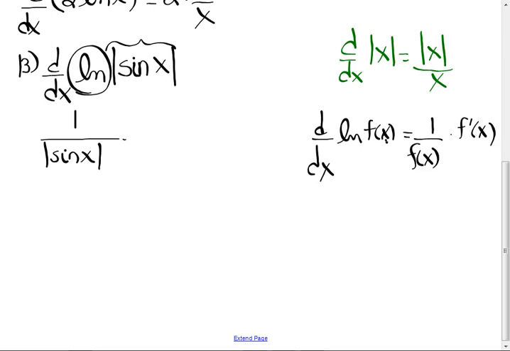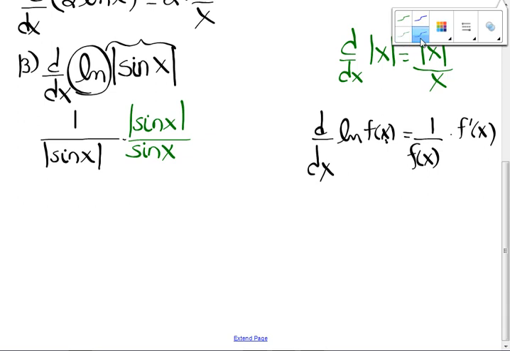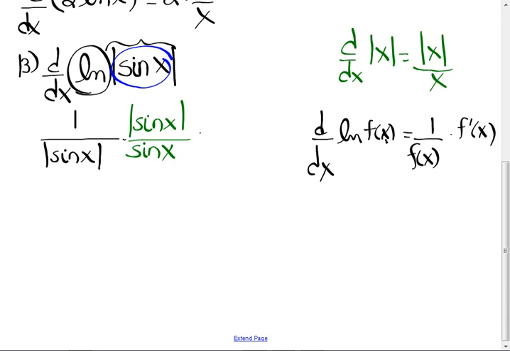Then I have to do times the derivative of the absolute value function. Well, that's the absolute value of whatever's in there over whatever's in there. That's just what it is. And another day, maybe tomorrow, if you want me to show you why it is what it is, I will. Then one more function times the derivative of the inside function, which is cosine of x.